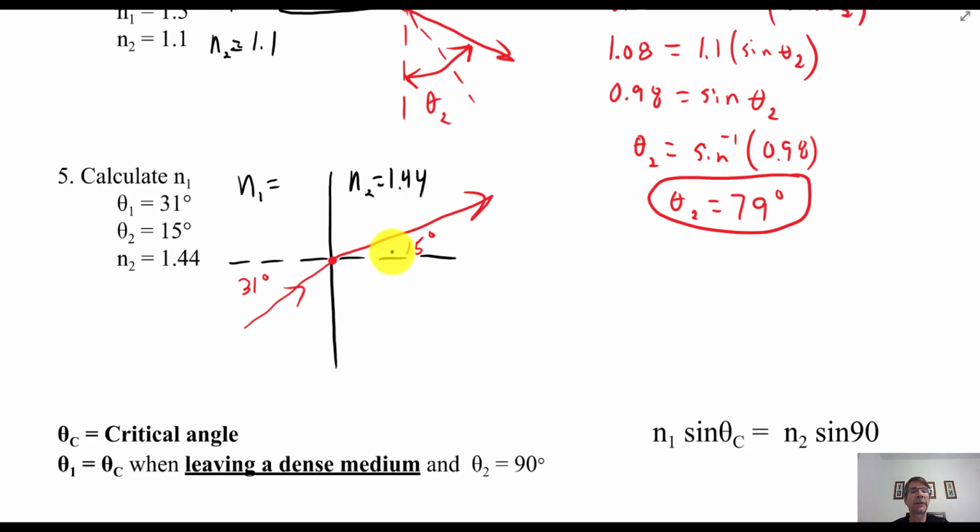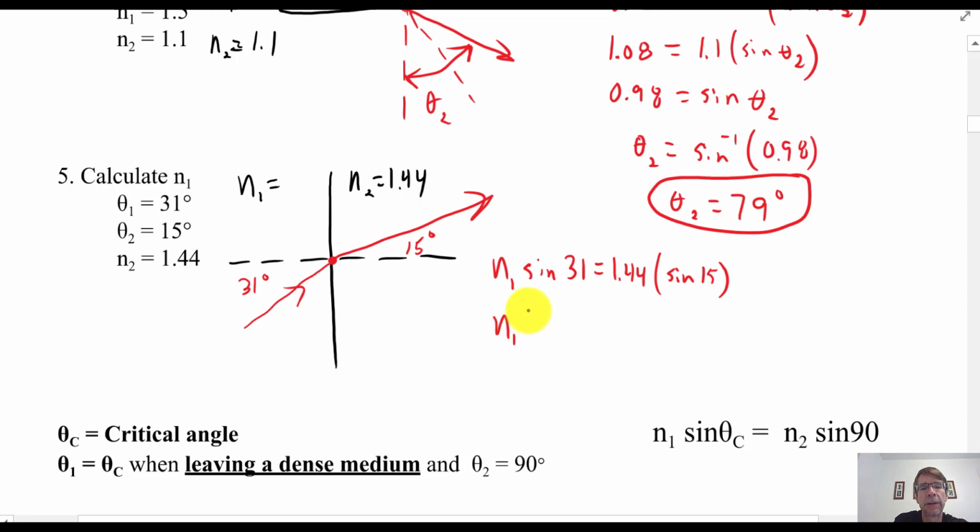N1 is going to be less than. That'll work out in the math this time because you're just going to plug into n sub 1. You're going to have n sub 1 sine 31 equals n sub 2, which is 1.44, times sine of 15. So that's all set up for us. N sub 1 times whatever sine of 31 is.